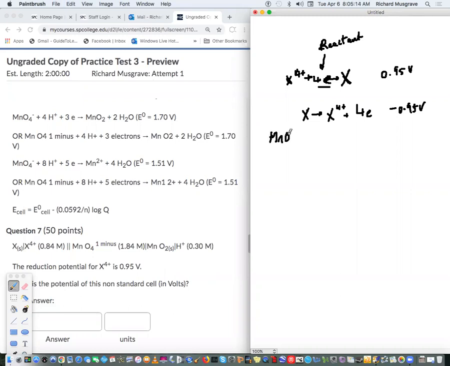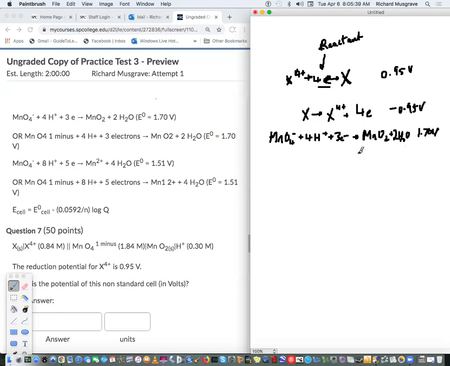There we go. So MnO4 minus, and 1.70 volts.